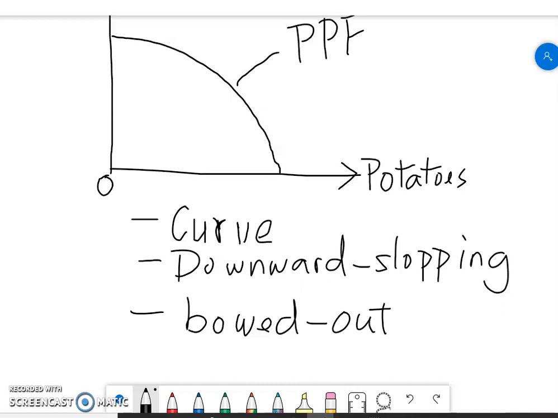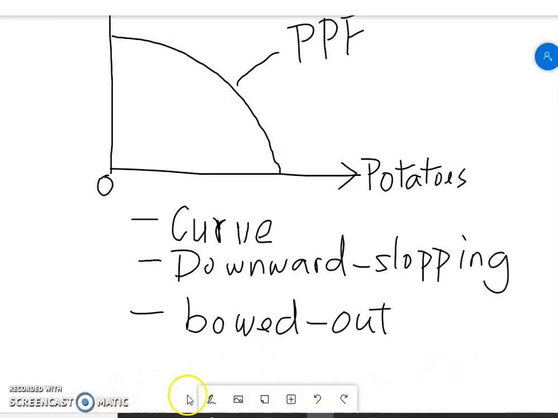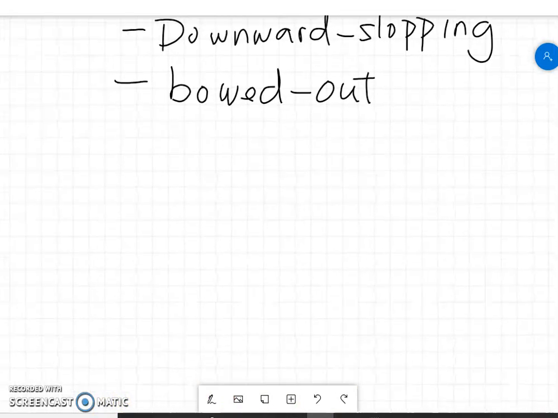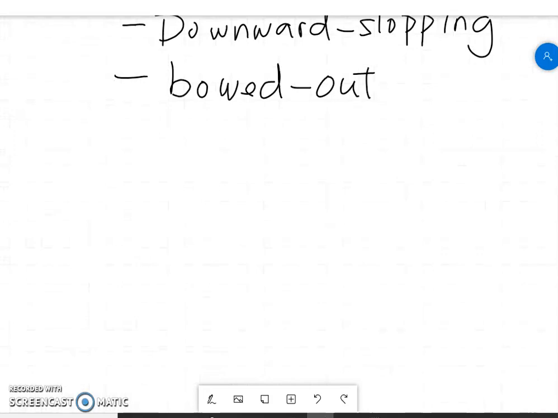And after we finish this, we're going to talk about the bowed out curve.